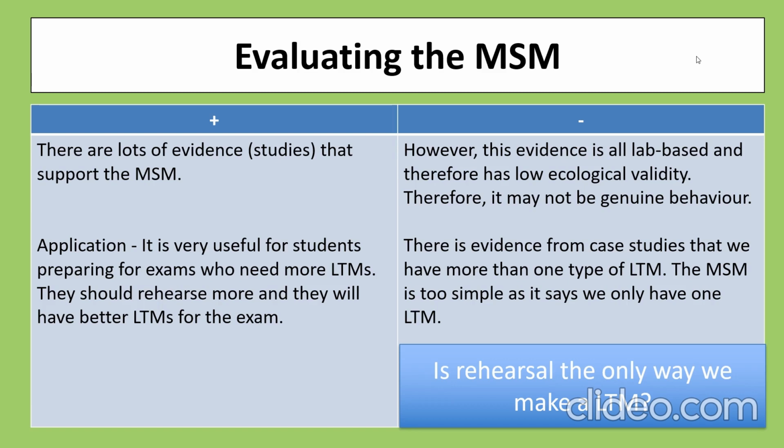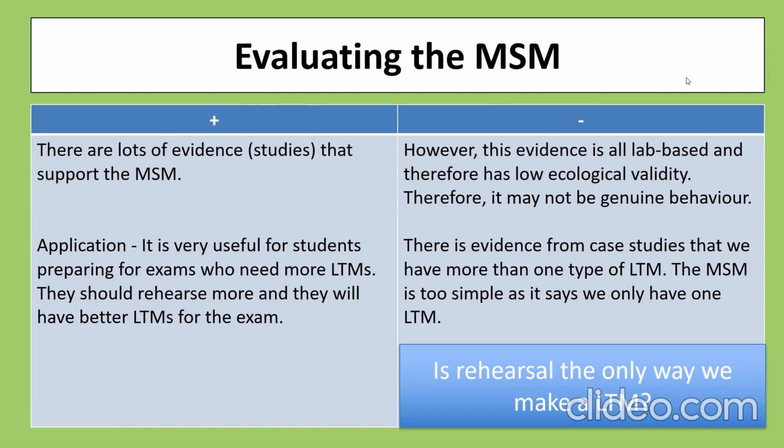So that makes us think that the multi-store model is way too simple. It's far too simplistic because it says that we only have one long-term memory, but clearly long-term memory is more complicated than that.